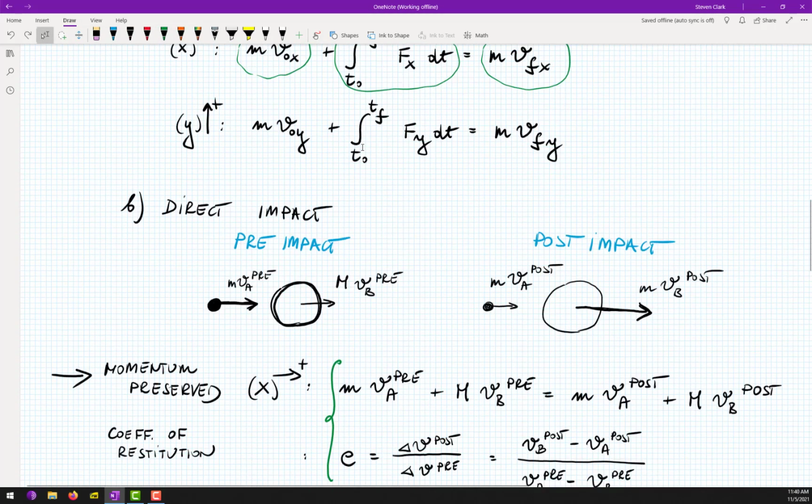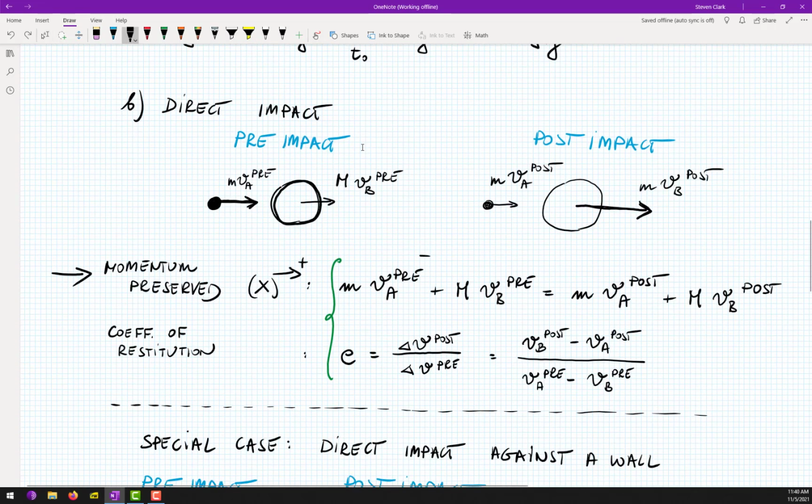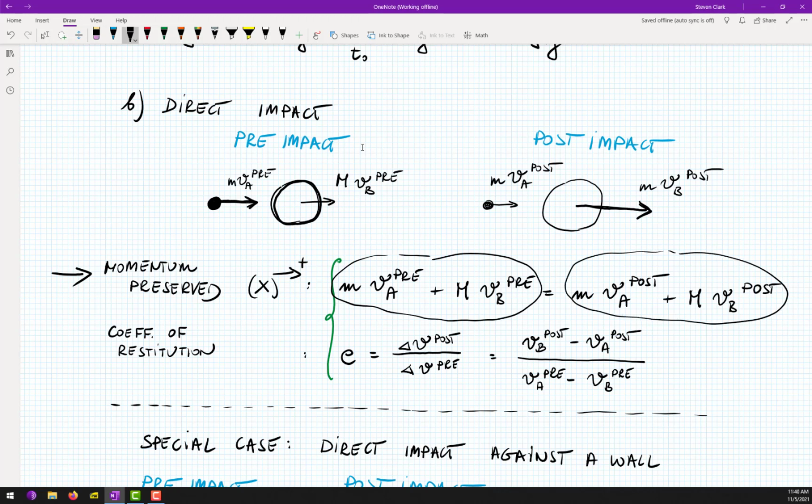That's why in this equation we have initial momentum that is equal to final momentum. And usually we do not know these values, this one and this one.